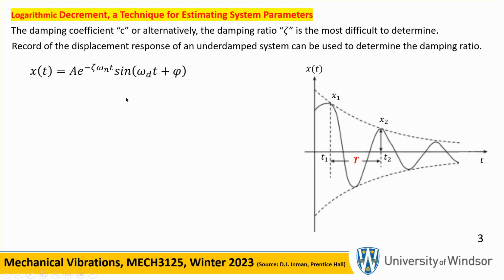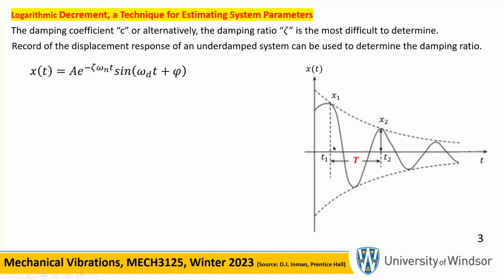So for the case of viscous damping that we're looking at, the solution x, if you plotted it, looks like that. In fact, these dashed curves are called the envelope of the vibration, and some people also call it the decay rate curve.